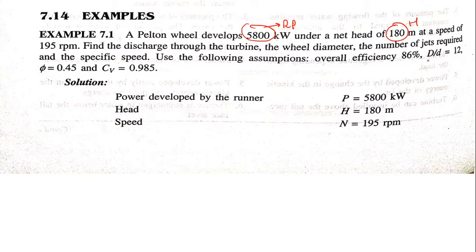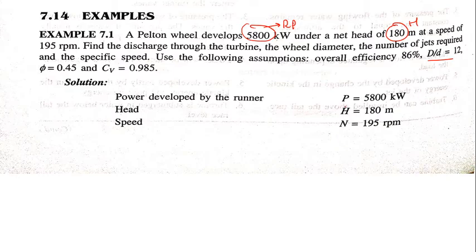They have given this jet ratio. What is the jet ratio? It is the diameter of the wheel by the jet diameter. That is what the jet ratio is.